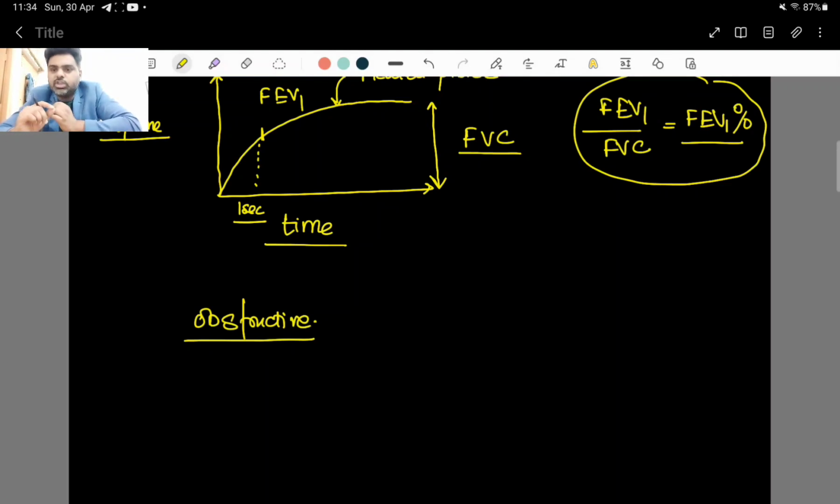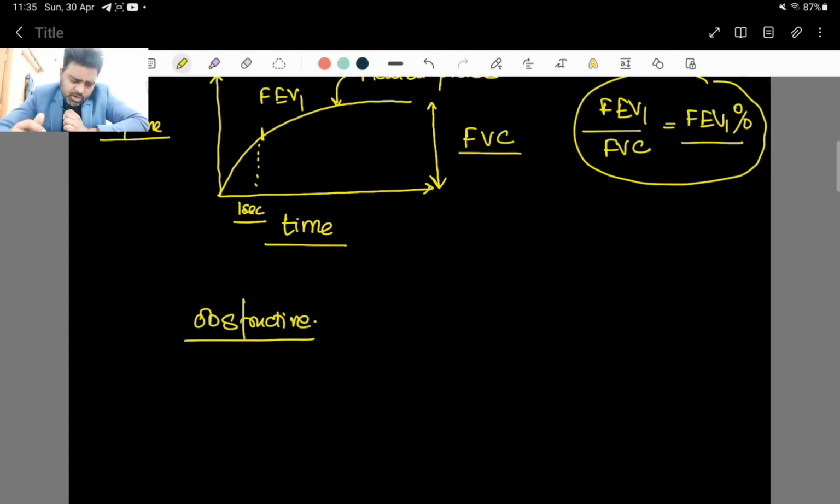You can remember this when you say O: your lips come outside, O. That means there is a problem in expiration. This is simple. You want to remember this. So in obstructive disease there is a problem in expiration, and in restrictive disease there is a problem in inspiration.